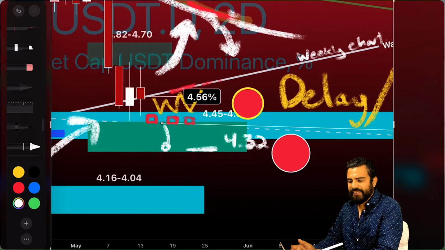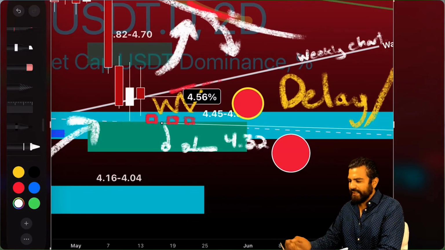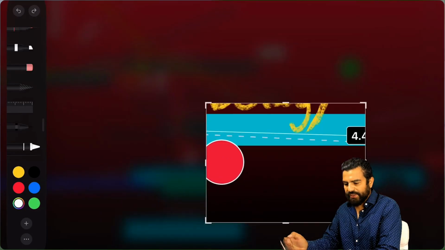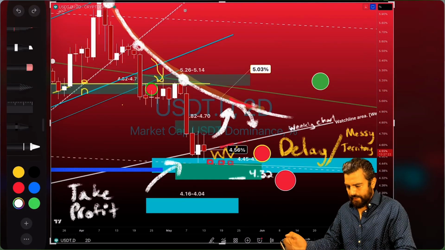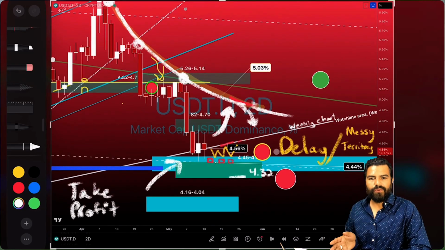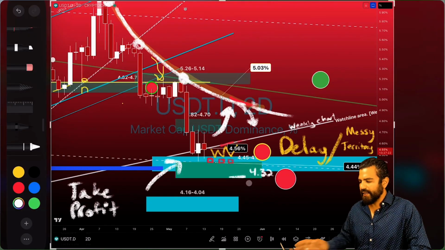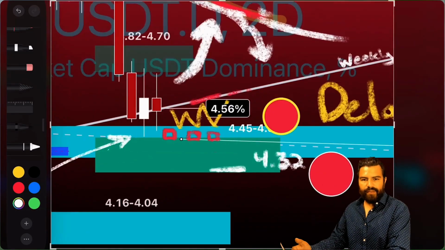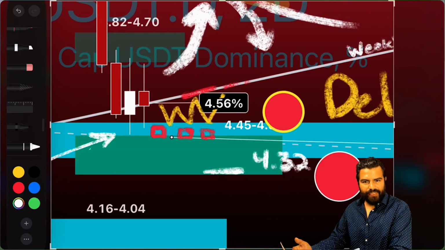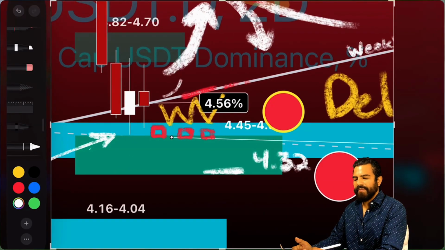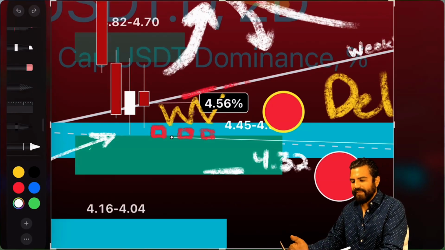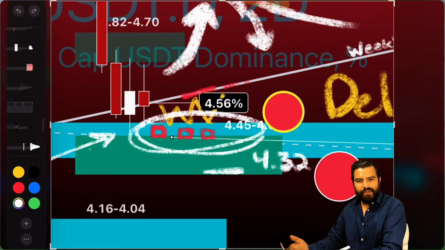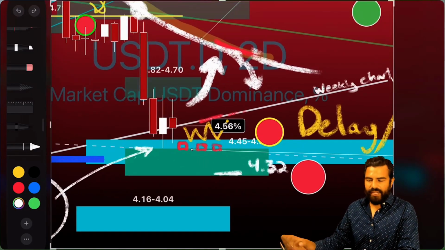That doesn't really change the scenario. So I don't expect us to lose so much profits, and I believe you're going to have some time to take some profits if we just don't immediately reject this week.